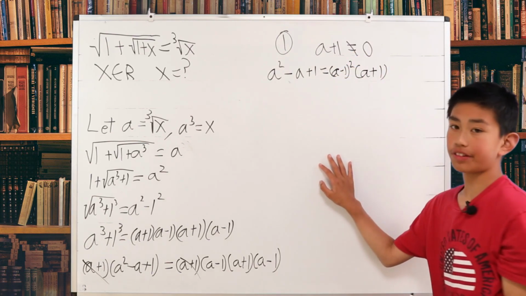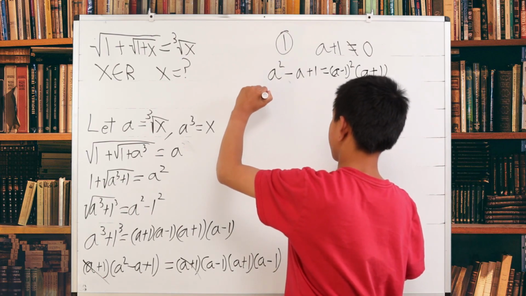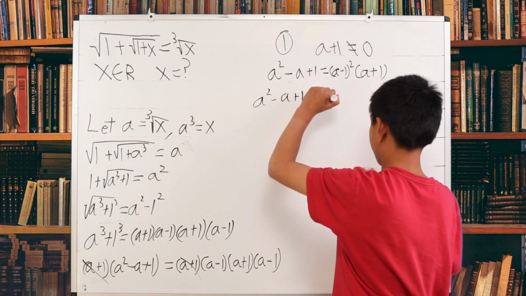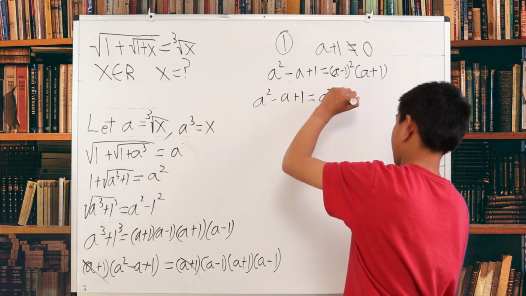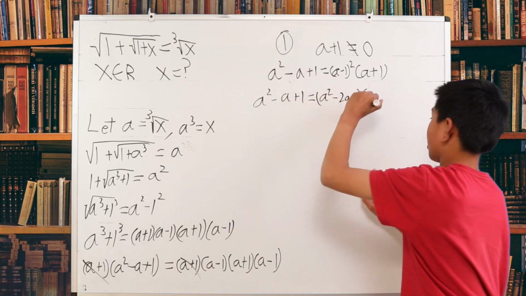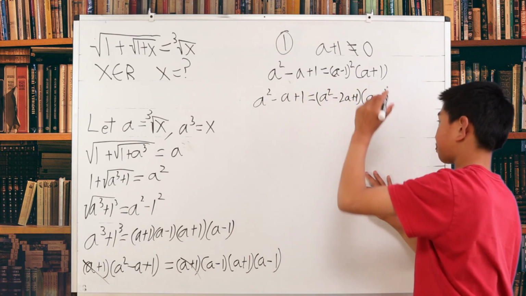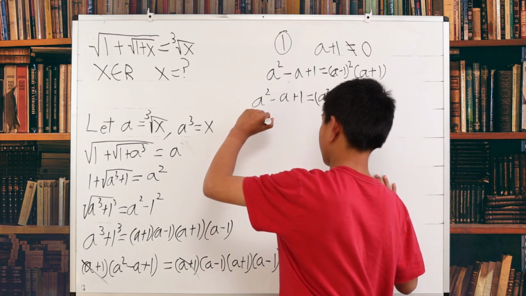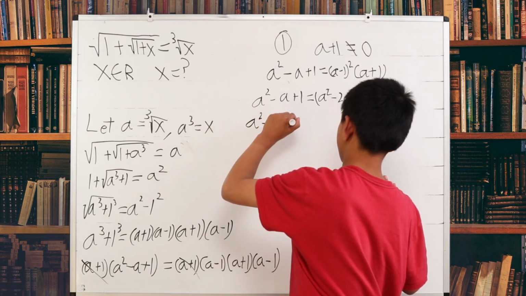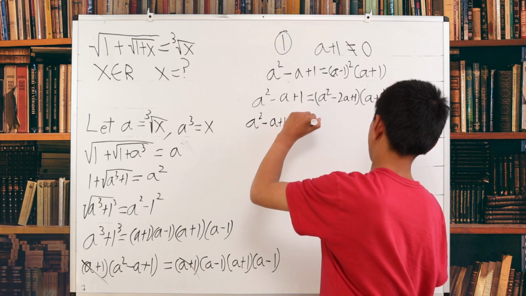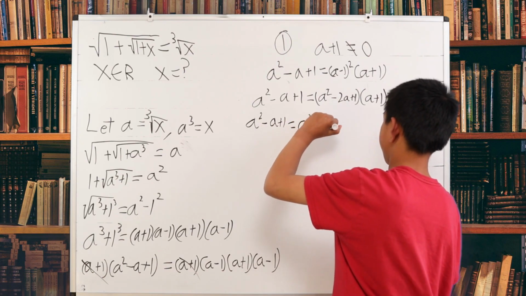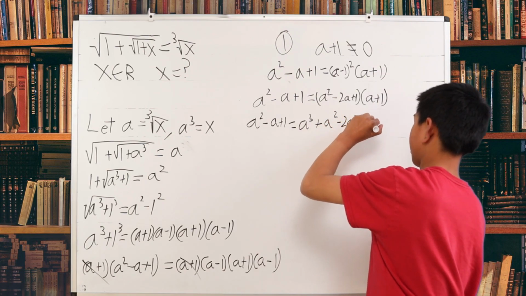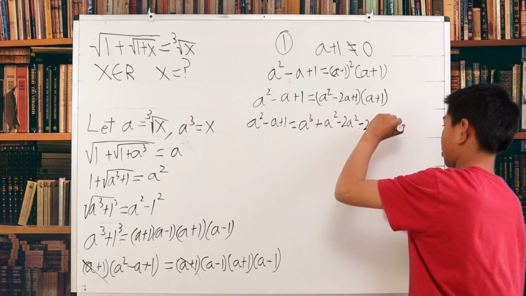We can still expand the right-hand side. So a squared minus a plus 1 is equal to a squared minus 2a plus 1 times a plus 1. We can further simplify this, where a squared minus a plus 1 is equal to a to the third power plus a squared minus 2a squared minus 2a plus a plus 1.